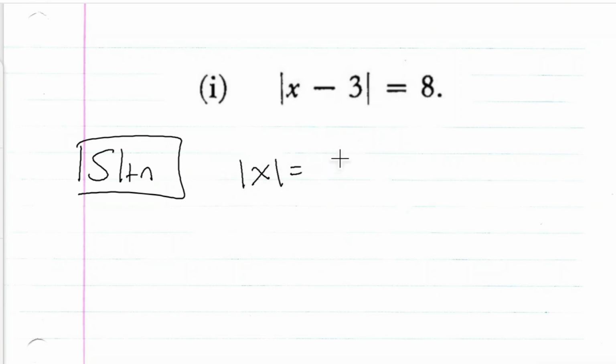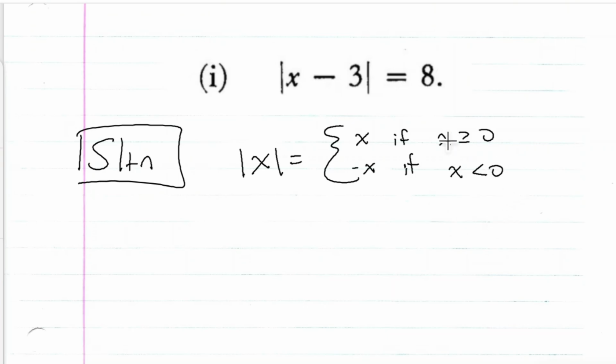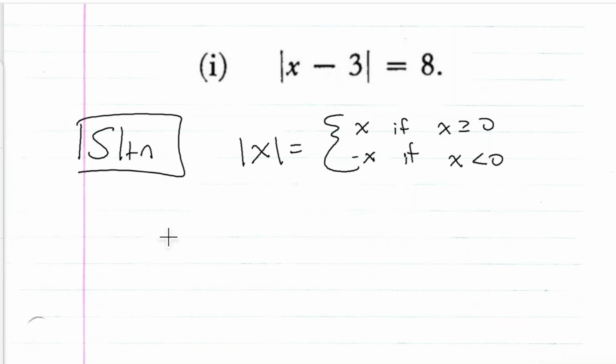The absolute value of x is equal to x if x is greater than or equal to 0, or negative x if x is less than 0. So applying this definition to the problem, the absolute value of x minus 3 is equal to 8 implies two cases.